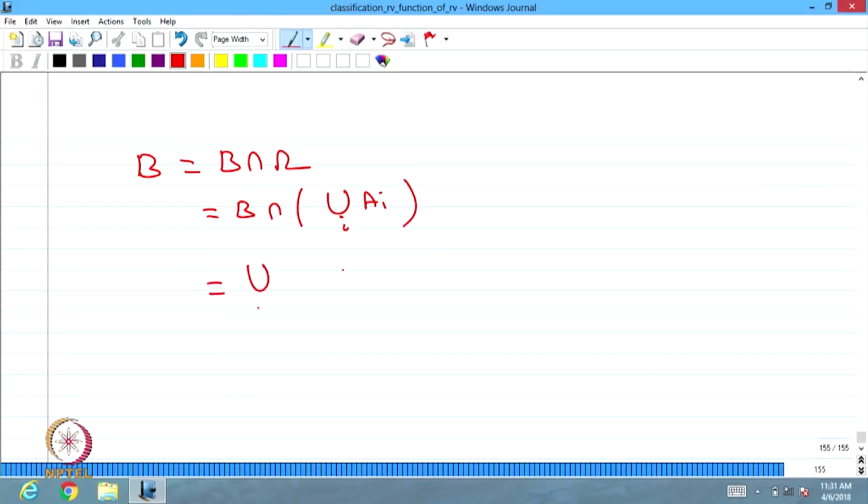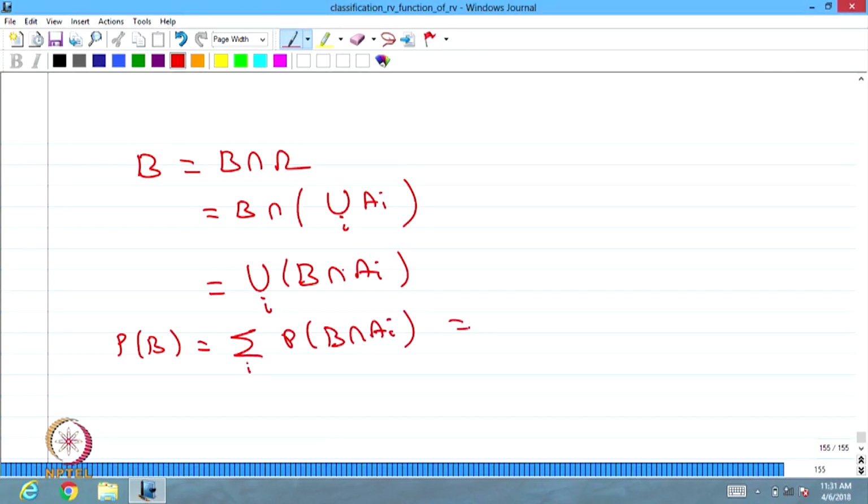Then this is the same as the union over i of B intersection Ai. Therefore, the probability of B is nothing but, since B intersection Ai are mutually disjoint, the summation of P of B intersection Ai.